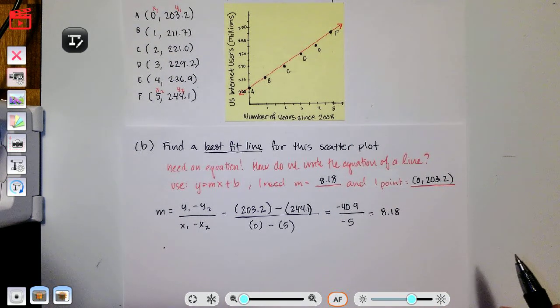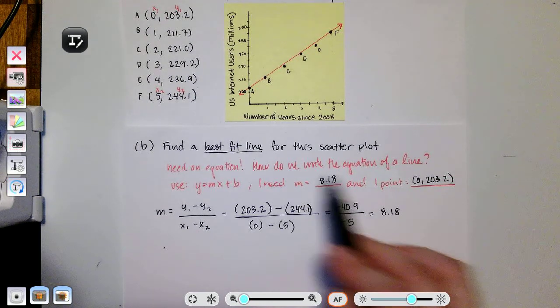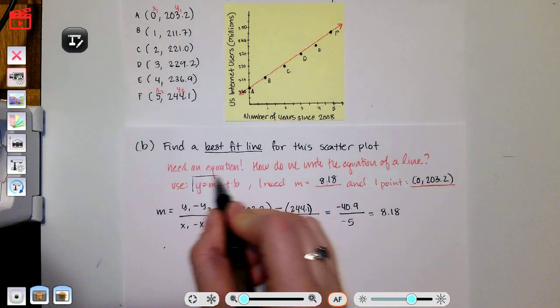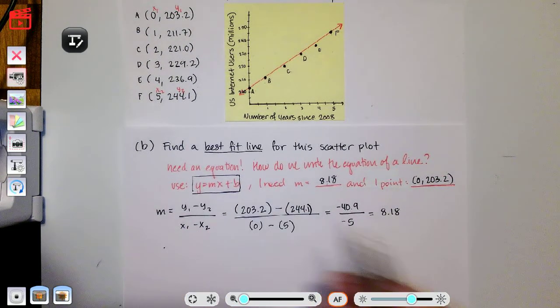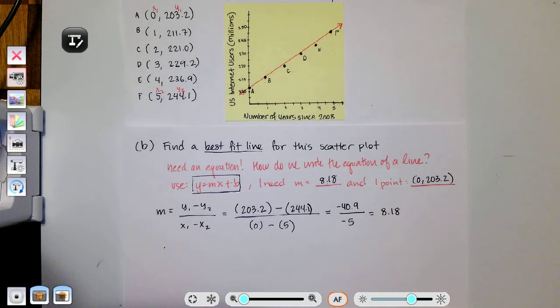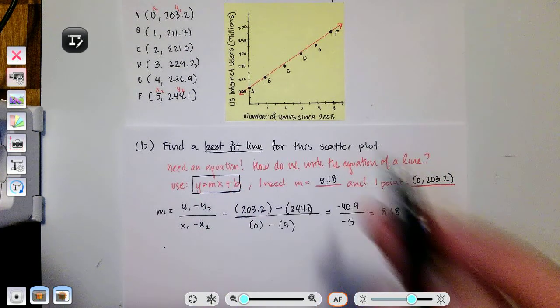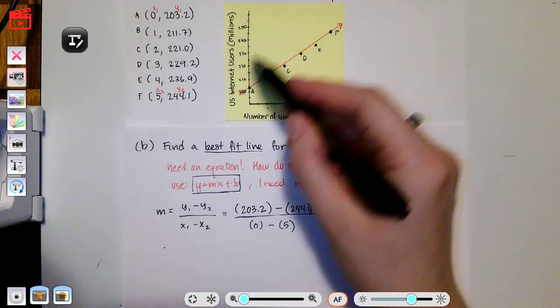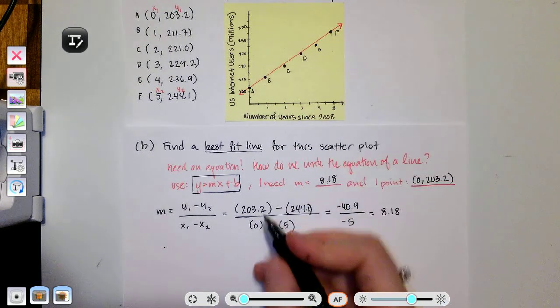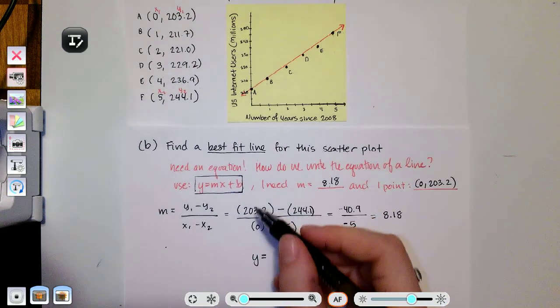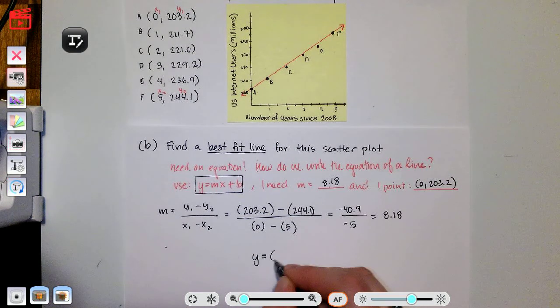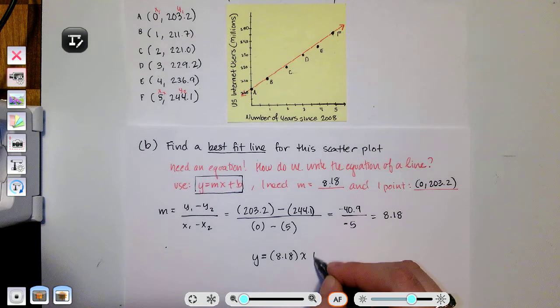And I have found the 2 values I need to fill out my equation. Yay! Okay, so my equation for the best fit line that I've chosen to write for this problem is y equals, and my slope is 8.18 times x plus my b value.